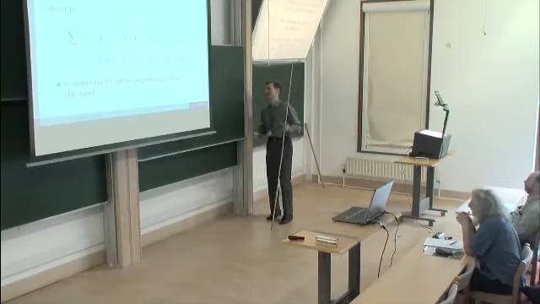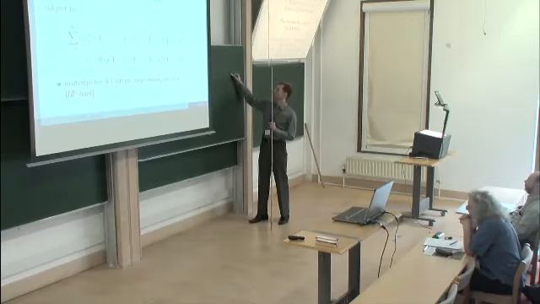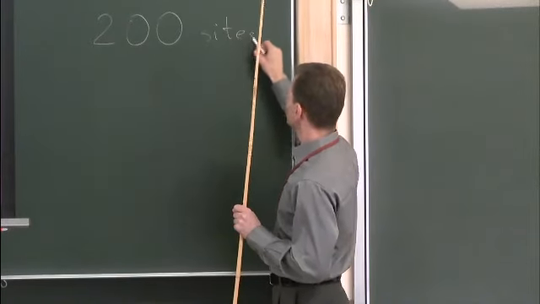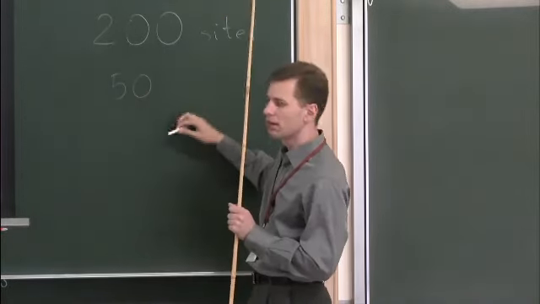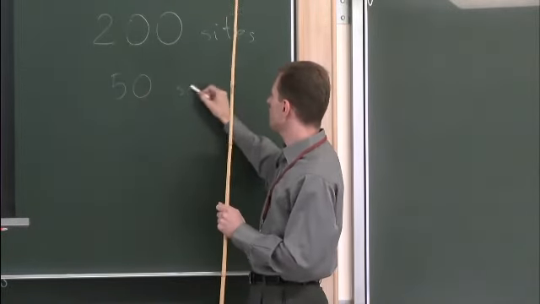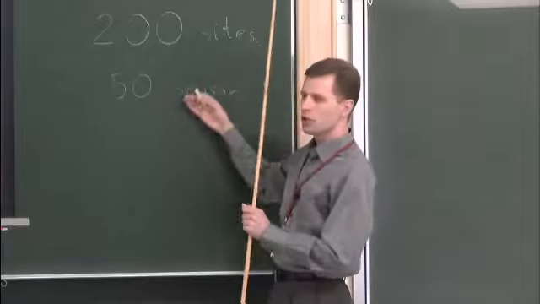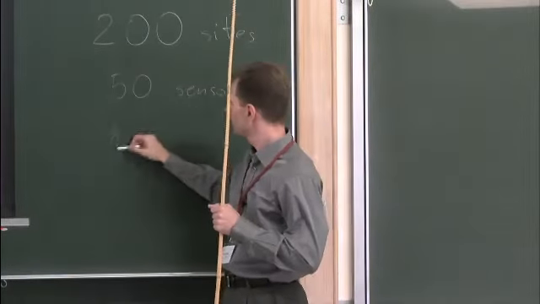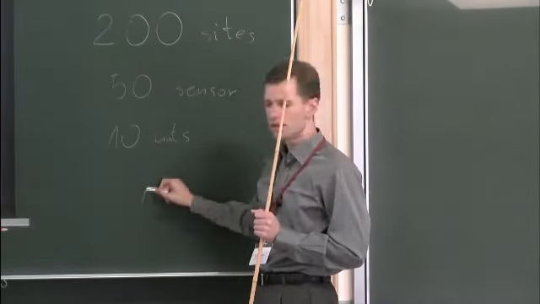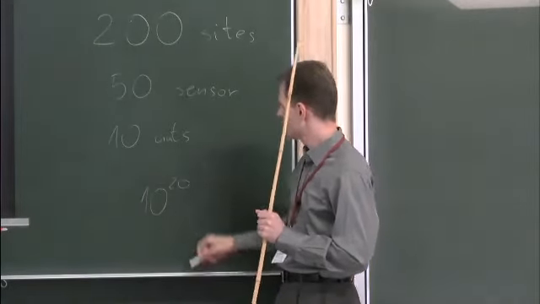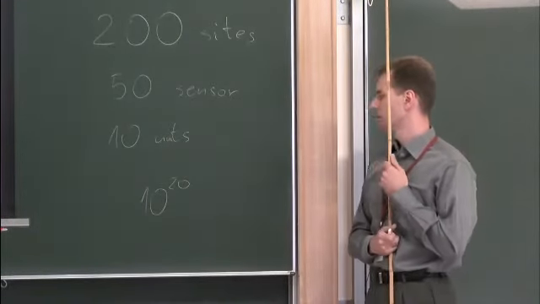Okay. When you have 200 sites and you probably want to use, let's say, 50 sensors per each individual unit, and you have at least 10 units, the space is of about this order.